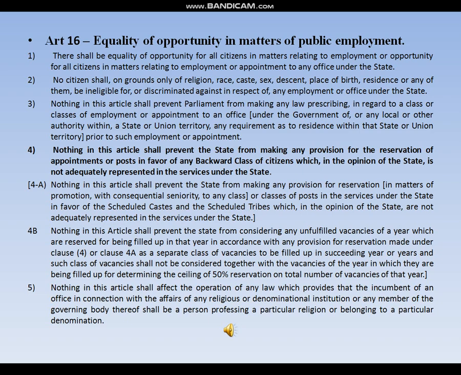Now if you want to further enrich your knowledge with regard to this very interesting reservation policy and the provision that we have in our constitution, you can look into CADs, Constituent Assembly Debates. These are books that are available in the library, and you'll find some access on the internet as well, where you will see that the champion of reservation, Dr. B.R. Ambedkar, when this particular article was put forward in the parliament, gave a very good debate on the necessity of reservation.